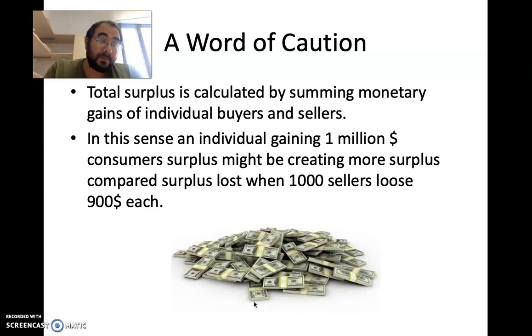For example, if a billionaire gets a good for which he is willing to pay $1 million for only $1 and gets almost $1 million surplus, this is a huge benefit for the market.